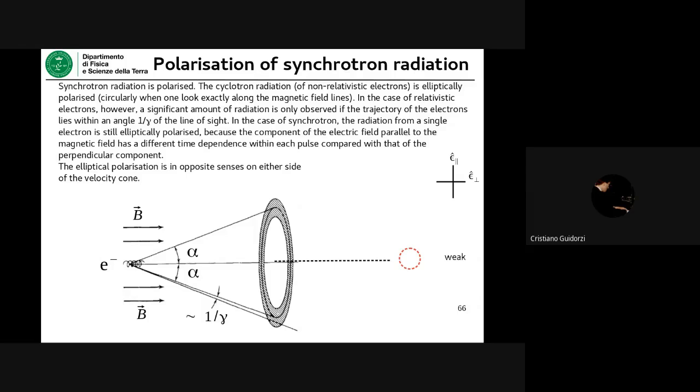You have to remember that the acceleration felt by the electron is constantly perpendicular both to the velocity and to the magnetic field lines. So as the electron moves, the acceleration vector felt by the electron rotates.